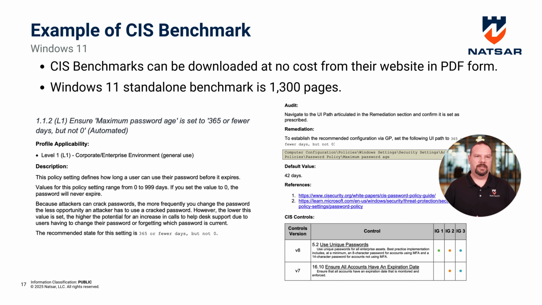So on the left-hand side here, you see their standard here, 1.1.2. Ensure maximum password age is set to 365 or fewer days, but not to 0. And then it talks about the profile applicability, so what level of risk, gives you a whole description about what the setting actually means in layperson terms, and gives you a recommendation for what the setting should be.